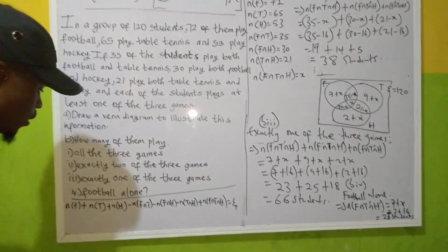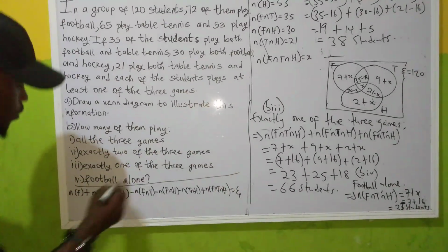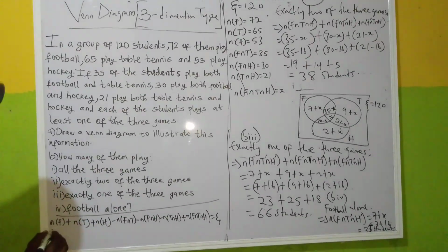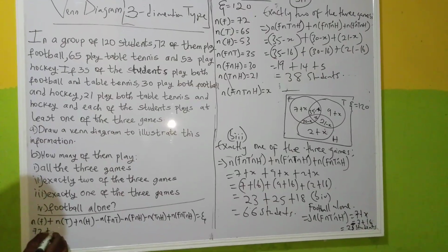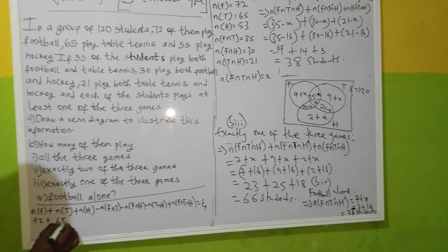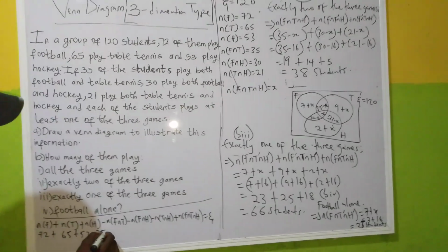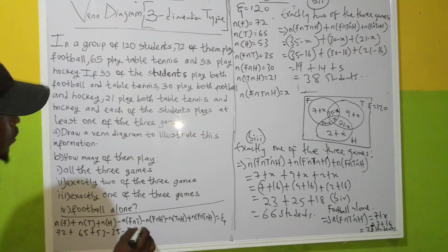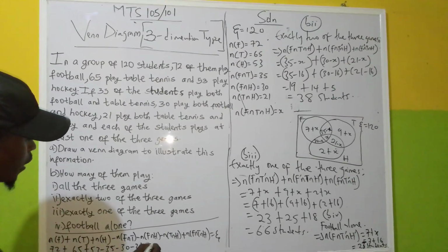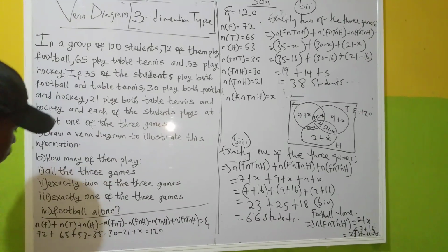So now let us look here. What do we have for F? We have 72. They gave us 72 in the question. 72 plus 65 plus 53 minus 35 minus 30 minus 21 plus x equals 120.